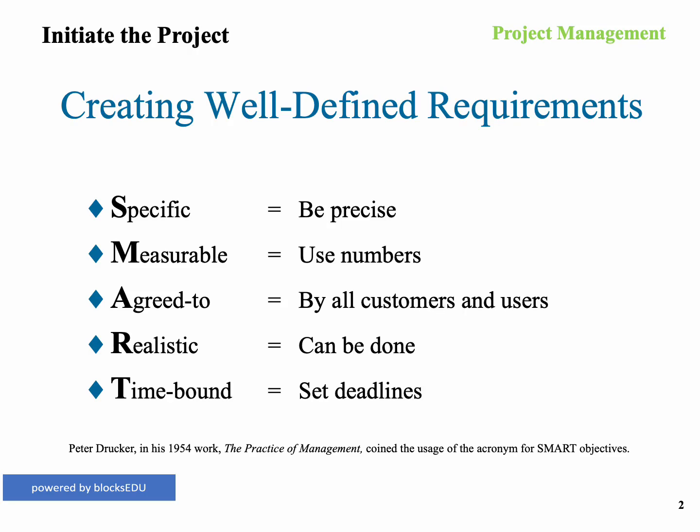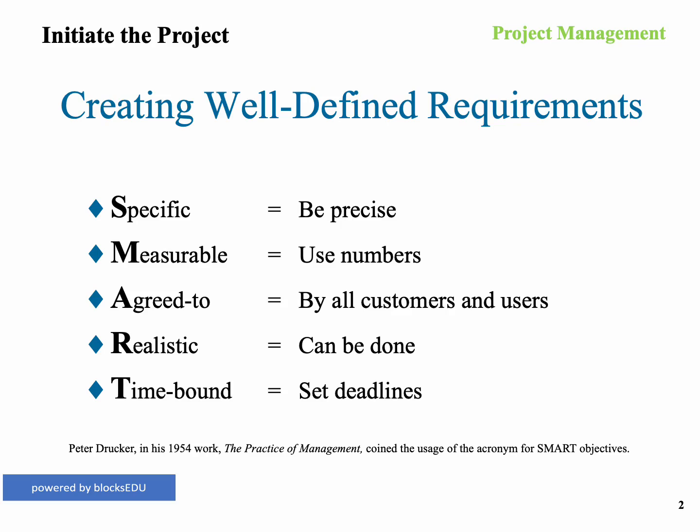Let's see, can we make it more specific? Okay. Let's say that when we talk about user-friendly, more specifically, it must have a voice-activated interface. The response time for the voice-activated interface must be 0.001 seconds. And it must understand 14 different languages.